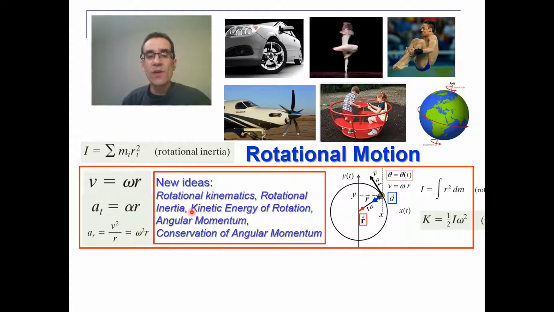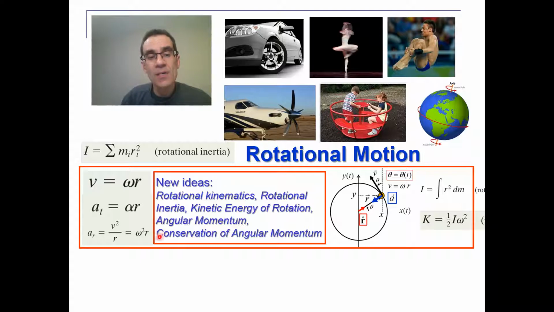Look at this. You're very familiar with something called kinetic energy of translation. We're now going to introduce the kinetic energy of rotation. We've discussed the linear momentum. We are now going to bring in a concept that we'll call angular momentum.